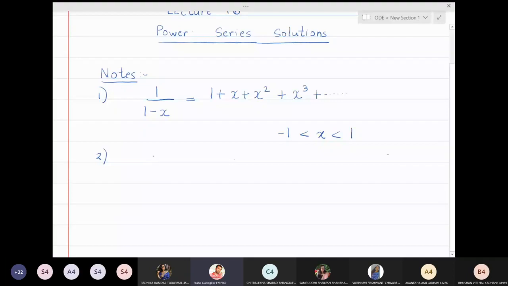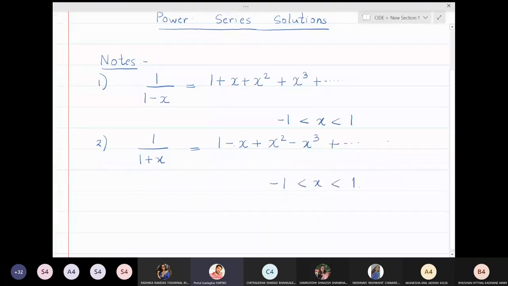Similarly, 1 upon 1 plus x will be equal to 1 minus x plus x square minus x cube and so on, where -1 is less than x less than 1.